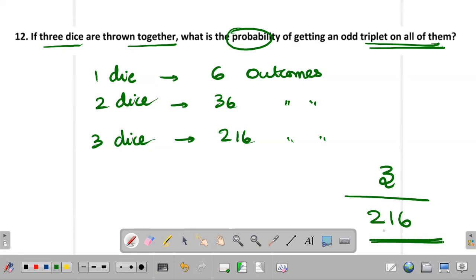So 3 divided by 216, which is as good as 1 divided by 72. This is going to be the answer. The probability that you are going to get an odd triplet 111, 333, 555 is just 1 by 72. Did you get me? So that is the answer for the next question.